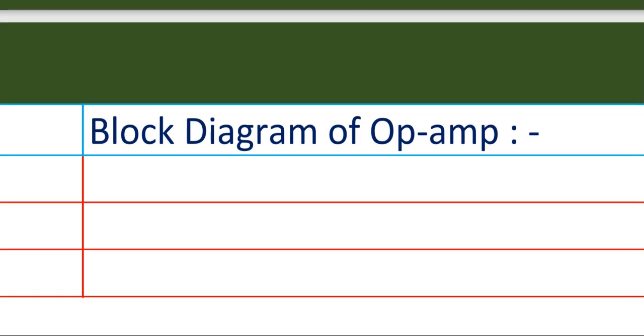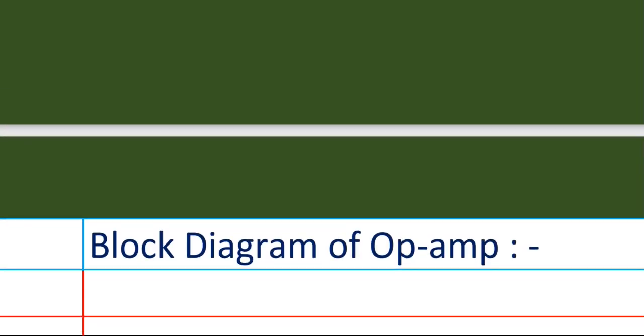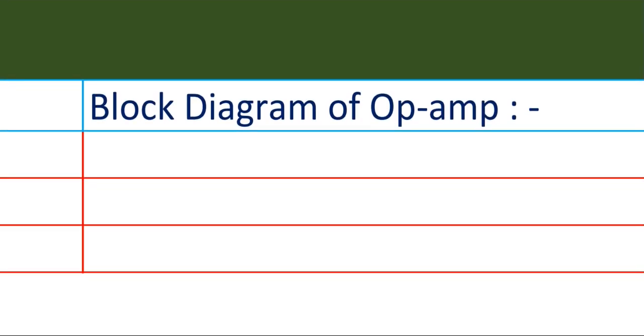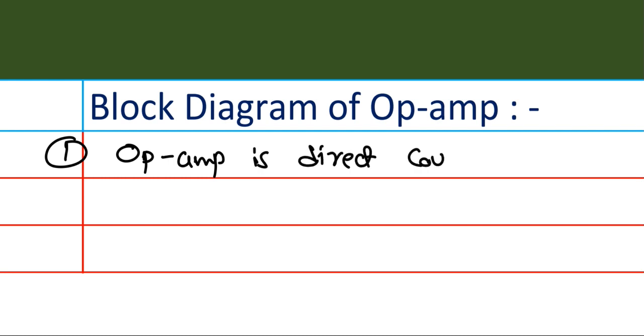So op-amp is a direct coupled high gain amplifier. The first point about op-amp is that op-amp is a direct coupled high gain amplifier. Now see that I have used the word direct coupled.